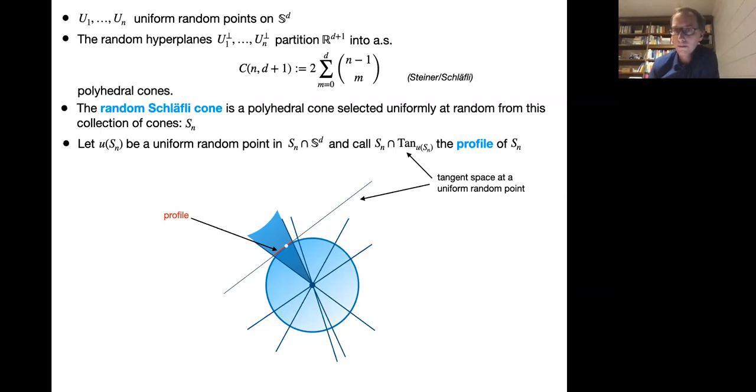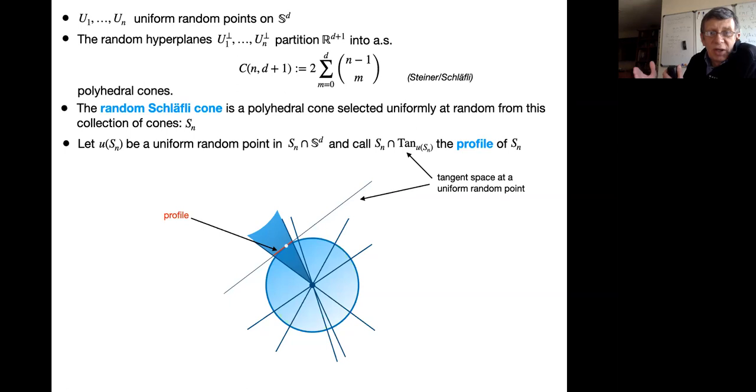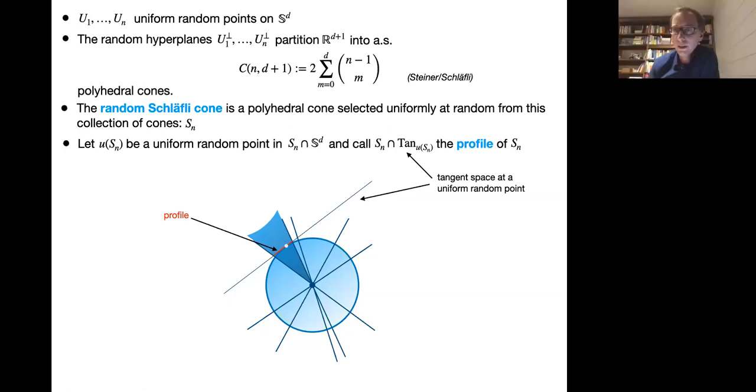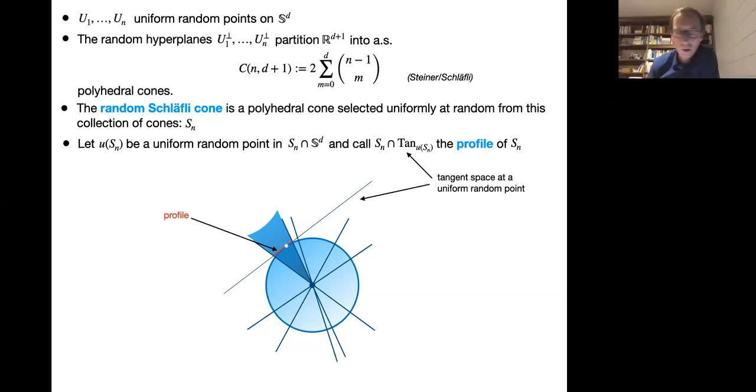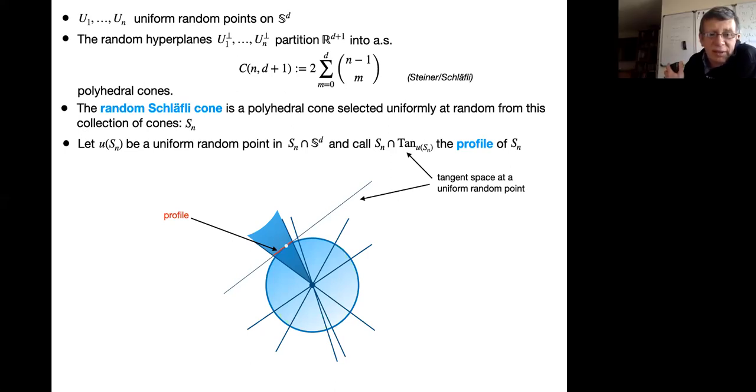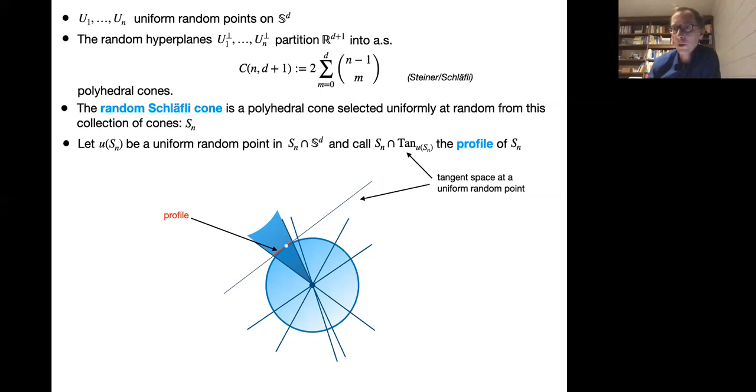It captures the shape. But it depends on your point U. Yeah, it depends on this point U. So it's a random variable again. Yeah, of course, it's a random variable. This is a random polytope. And there are two steps of randomness. First of all, you create these random subspaces. Then you select one of these cones at random.